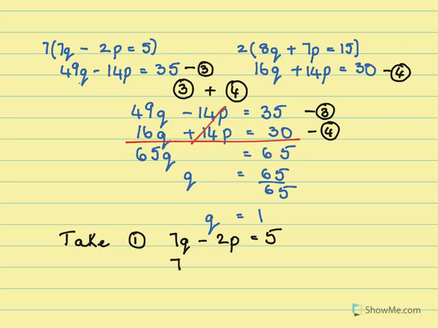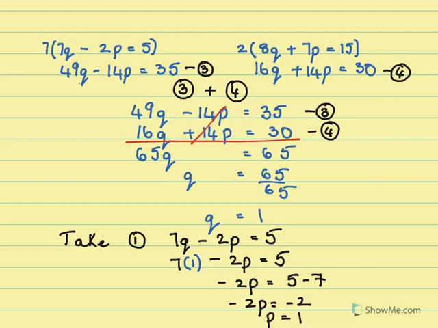Now we know our q is 1, so for the q I will put 1. So we have 7 minus 2p equals 5. So minus 2p equal to 5 minus 7, minus 2p equals minus 2. So p equal to 1. So here we found p as 1 and q also as 1.